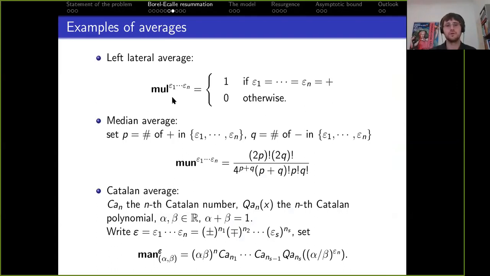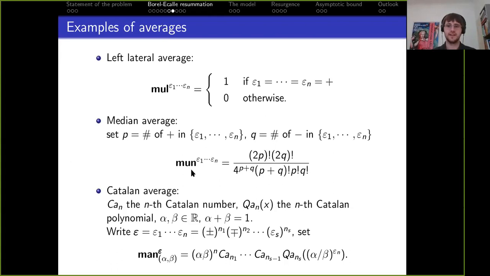And of course, you also have the right average, which gives the weight 1 to every path that goes to the right of your singularity. A more interesting average, and an average that is used by physicists, is called the median average. Physicists use something called the median average, but it has an extremely different definition, so the link between the two points of view is not so clear, actually.